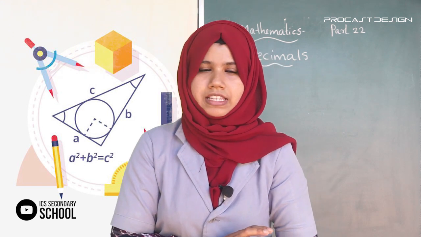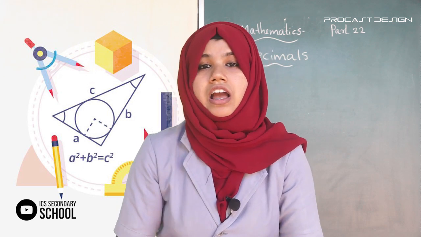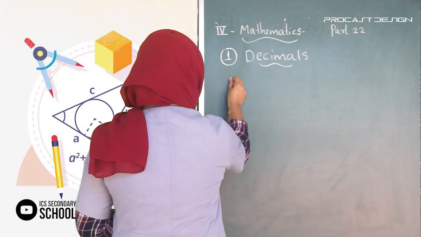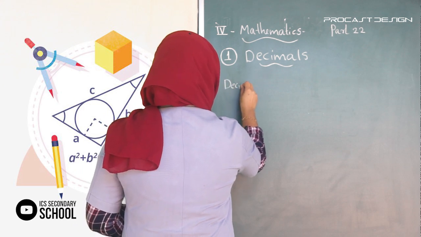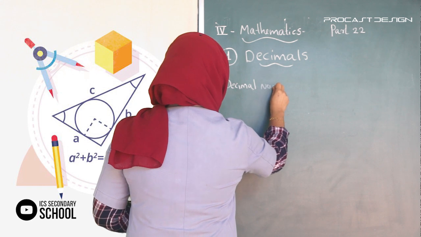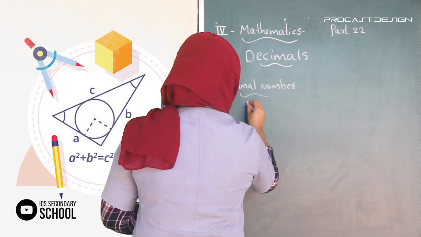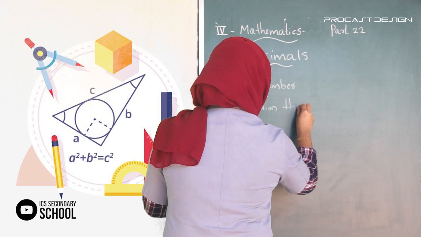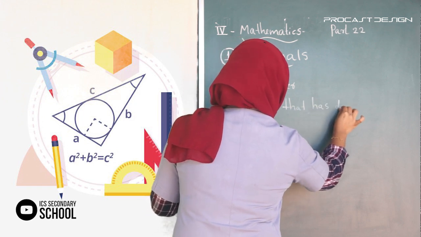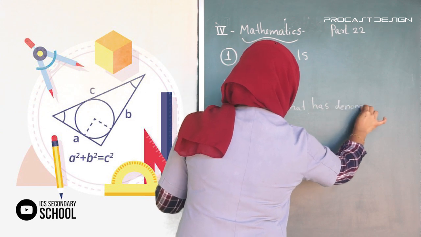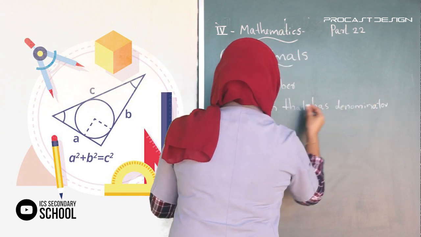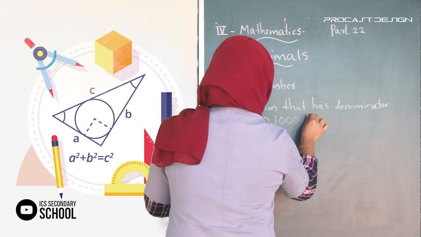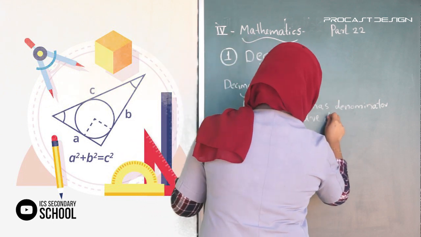A decimal number means a fraction that has denominator 10, 100, 1000. So what is a decimal number?